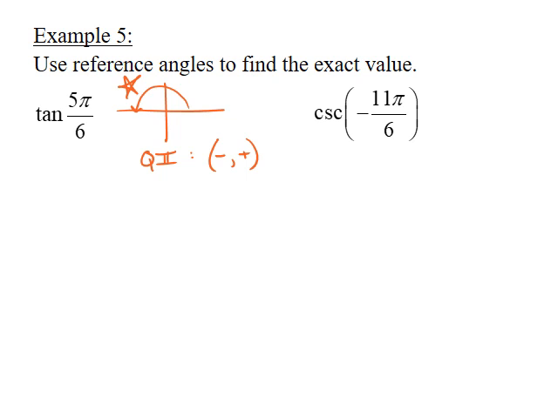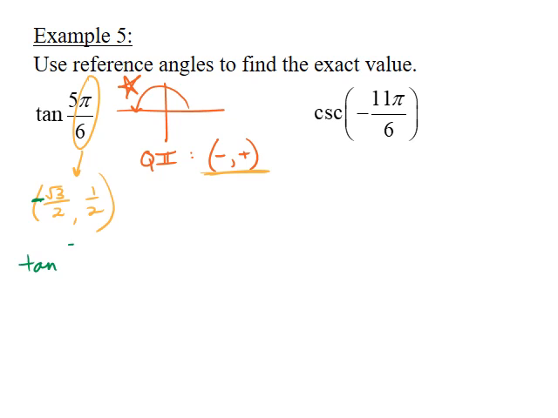Now I need to identify my reference angle. This is a multiple of pi over 6. Pi over 6 has the corresponding ordered pair root 3 over 2, 1/2. But in quadrant 2, the first term is negative and the second term is positive. So this is really the ordered pair that we're dealing with.